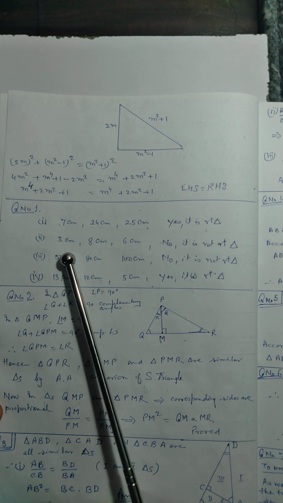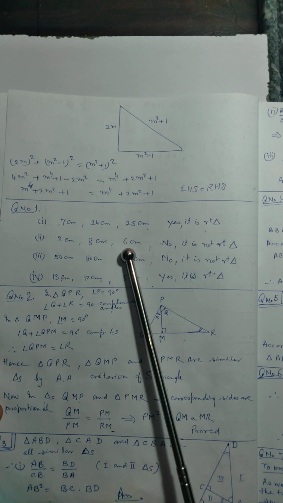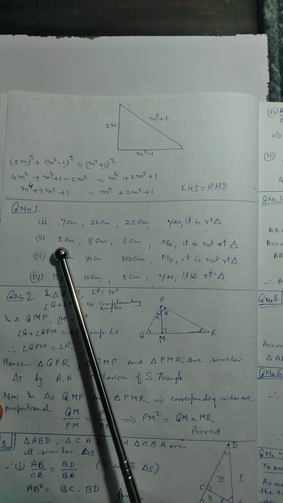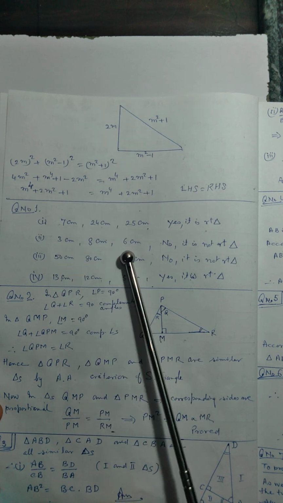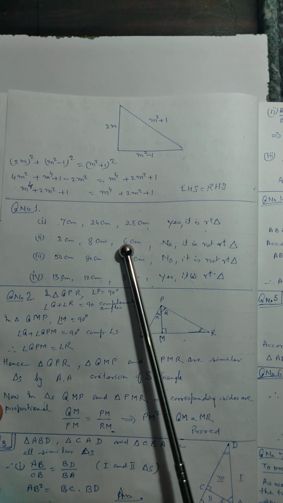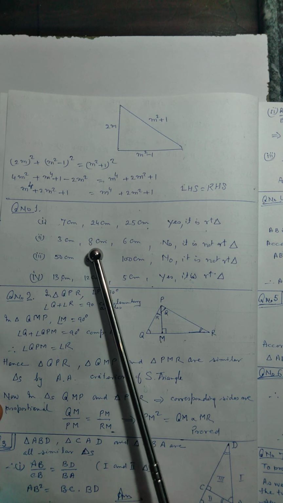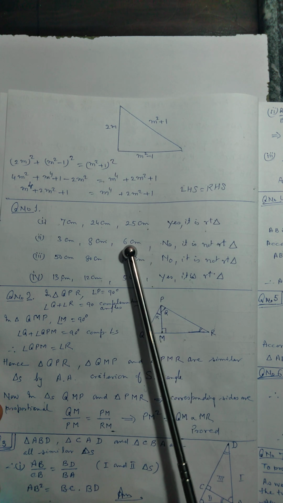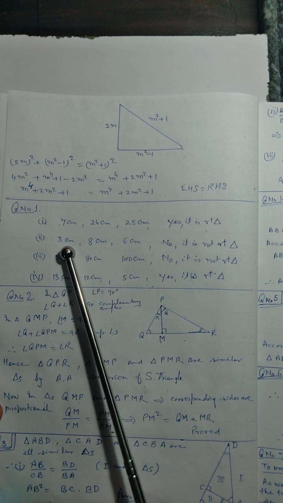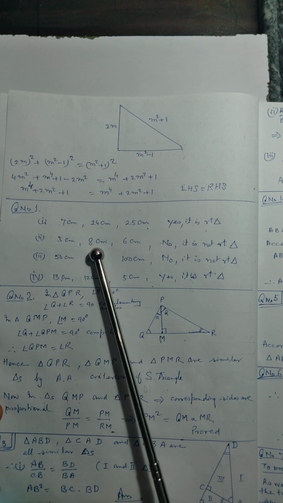Now come to this 3, 8 and 6. So the squares of the two small numbers, that is 3 and 6, will be 9 and 36. What will be the square of 8? This will be 64. So 36 plus 9, that will be 45. 45 is not equal to 64.